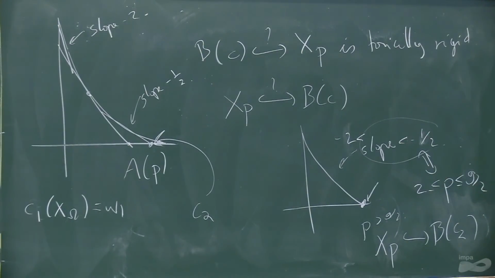I don't have time to finish explaining this, but I want to say one word about the most important part, the part that doesn't rely on ECH capacities, which is the fact that these domains are toric domains. That this XP, both the Lagrangian bidisk and this LP sum, are toric domains basically follows from the integrability of the integrable system, from the Arnold-Liouville theorem.